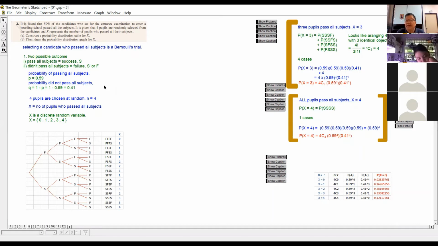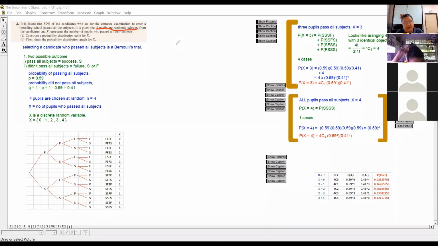So we settle with Bernoulli's trial. Then this Bernoulli's trial is repeated a few times. How many times is it repeated? 4 pupils are selected randomly. So that means this Bernoulli's trial is repeated on 4 students. The first one I see success or failure, then I record that down.